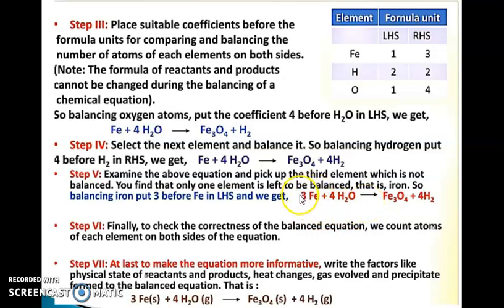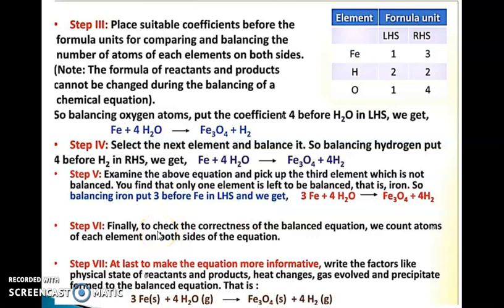Just see, 3 Fe is here and 3 Fe is here on the product side. 8 hydrogen is here and 8 hydrogen is present on the product side. 4 oxygen is present here, 4 oxygen is present on the product side. It means that the total number of atoms of reactants is equal to the total number of atoms of products, which follows the law of conservation of mass.